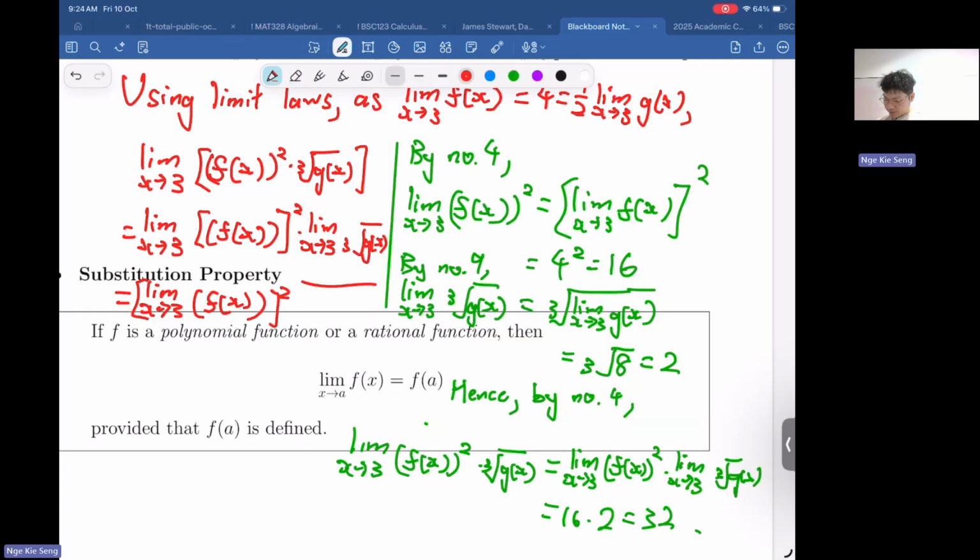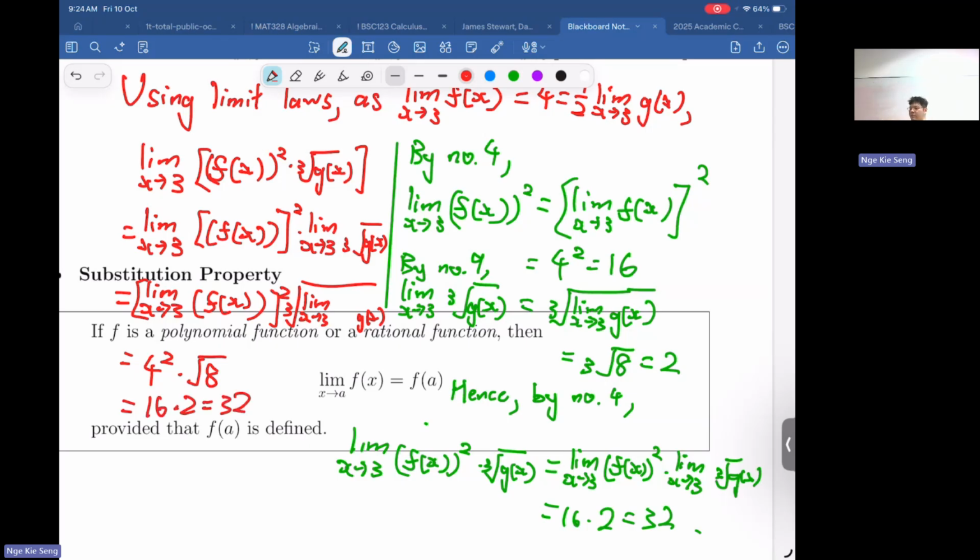On the other side, we can also bring the limit in using the same rule. Then the other one is the cube root of 8. Altogether we get 16 times 2, which is 32.